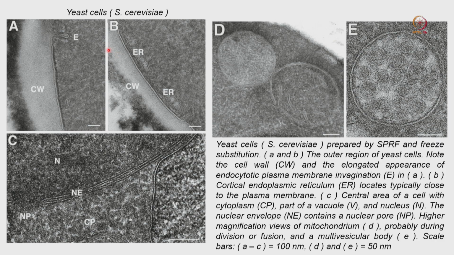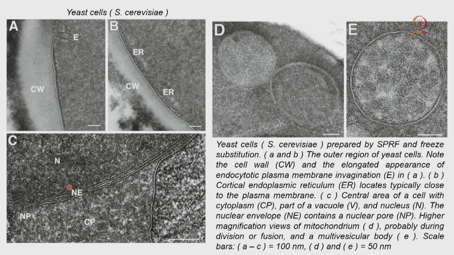If you look at these yeast cells, Saccharomyces cerevisiae prepared by this SPRF method and freeze substitution, you can see the cell wall at the outer region, and inside that you can see the endoplasmic reticulum. Not only that, you can see the cytoplasm, the nuclear envelope and the nucleus.